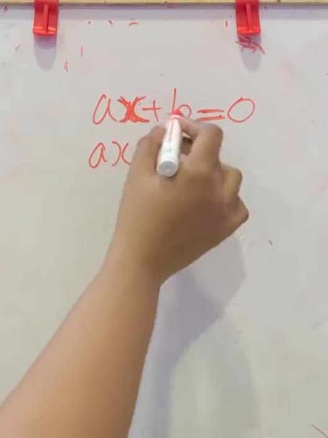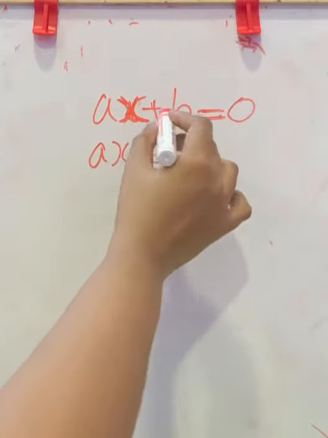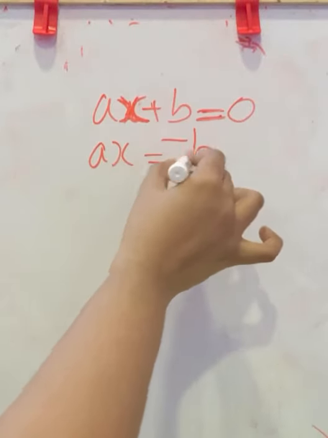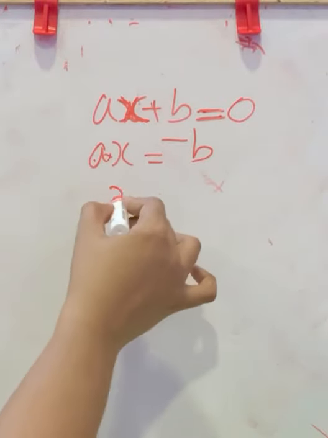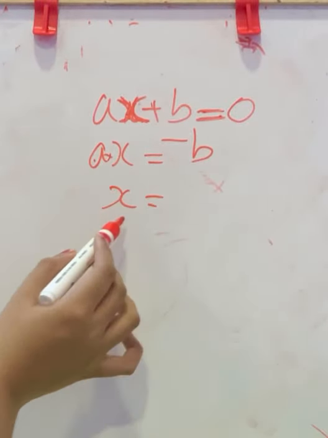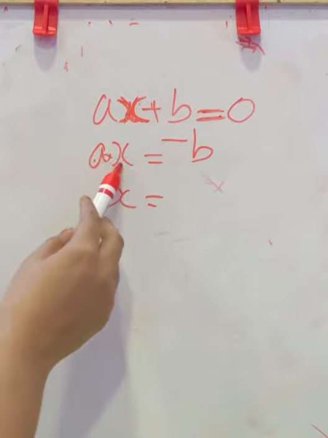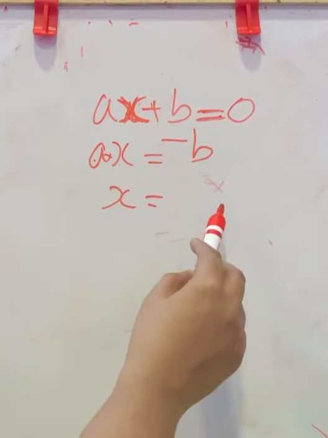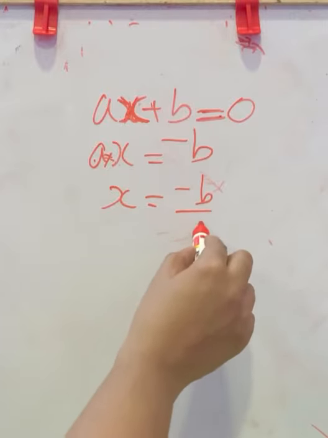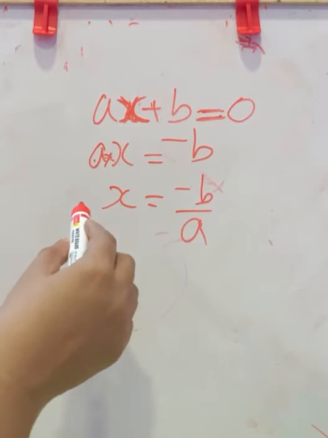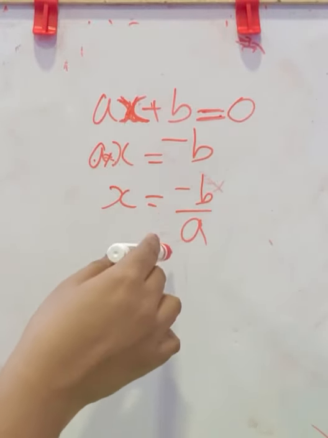Now take this plus b to RHS. Going to RHS, it becomes minus b. Now this is a into x, so taking to RHS, we need only the value of x. Take this a which is along with x to RHS. Now this is multiplication, so going to RHS, it becomes denominator, that is division. Here we got x is equal to minus b by a.